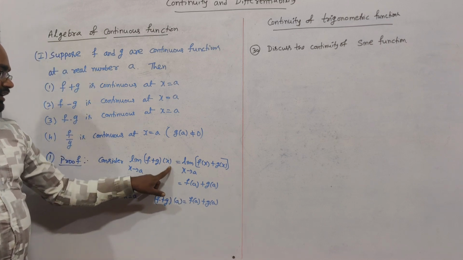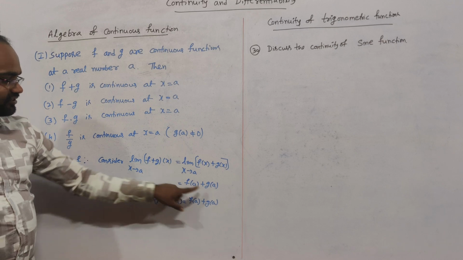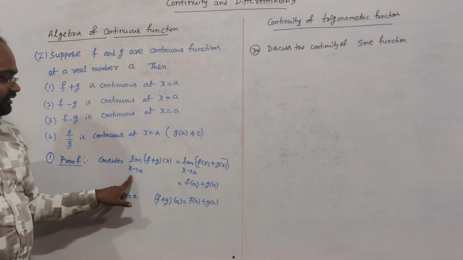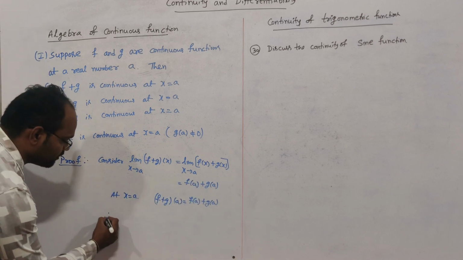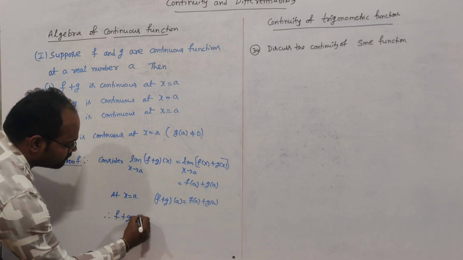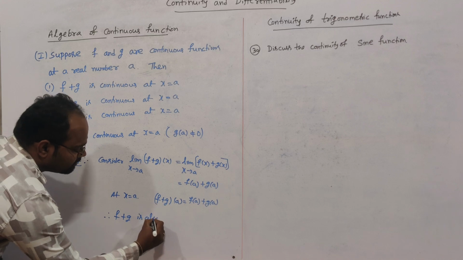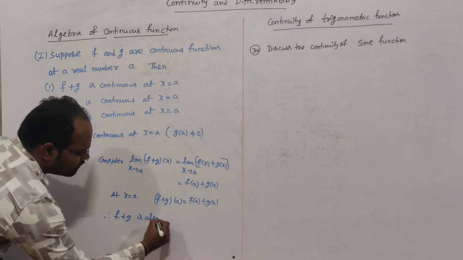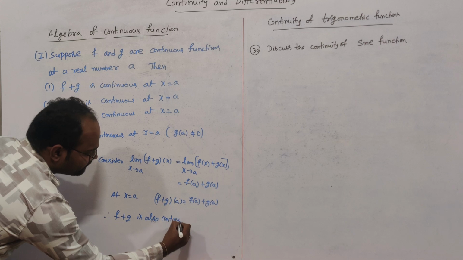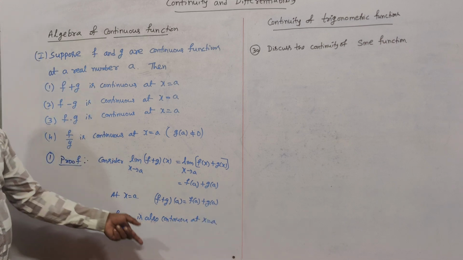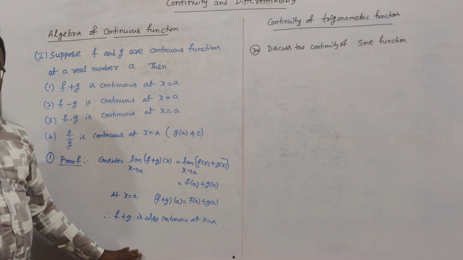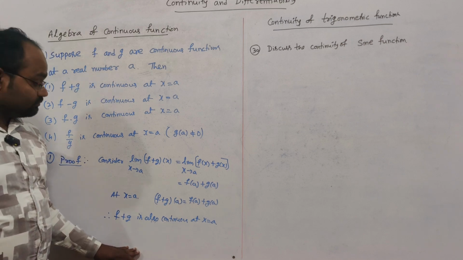At x is equal to a, as x tends to a, the limiting value and functional value both are the same. So therefore f plus g is also continuous at x is equal to a. We can also conclude that it is continuous at x is equal to a.